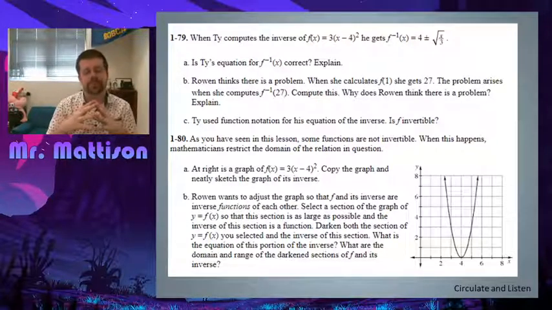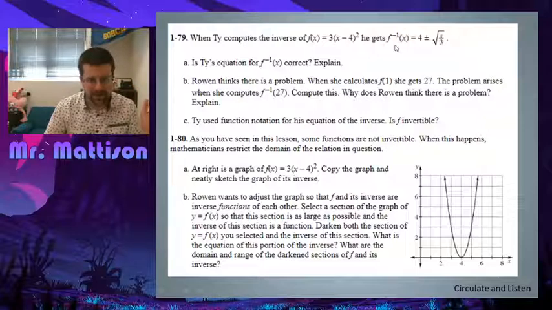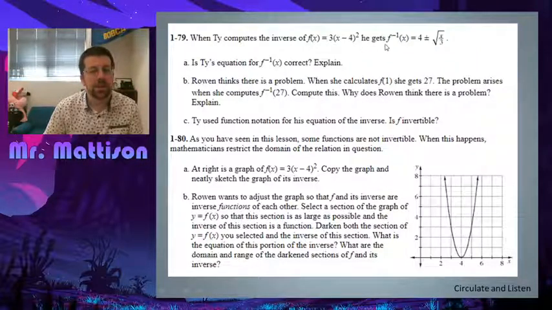So the issue is that this inverse is not invertible. Okay, so if it's not invertible, we cannot actually use this notation for it. That f in the f of x stuff you've been seeing for the past few years, the f stands for function, right? So if I'm going to use this f to the negative 1, which is the inverse of the f function notation, this has to be a function, meaning it has to pass the vertical line test.